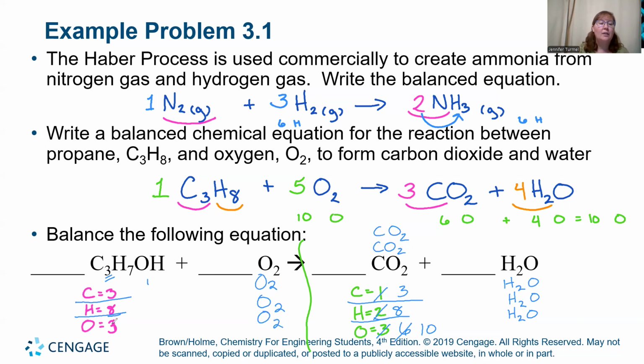Now I have 2, 4, 6, 8, 9. But I need 10, so I'm going to add half of an O2 here. That looks kind of interesting. So now I have 1 and 1, 2, 3, 4, so 4.5 oxygens. You'll see in a minute another way to do this. Now I have 3 of my CO2s and 4 waters.